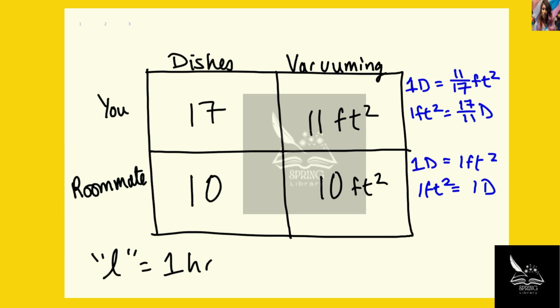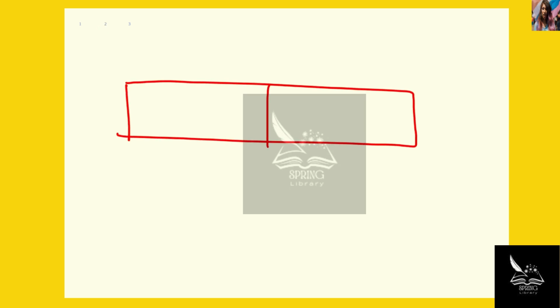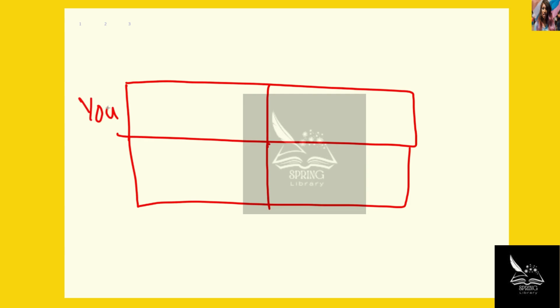So I'm just going to write this out on another page. In this matrix, I'm going to write you, roommate. This is going to be opportunity cost for dishes. This is going to be the opportunity cost for vacuuming.